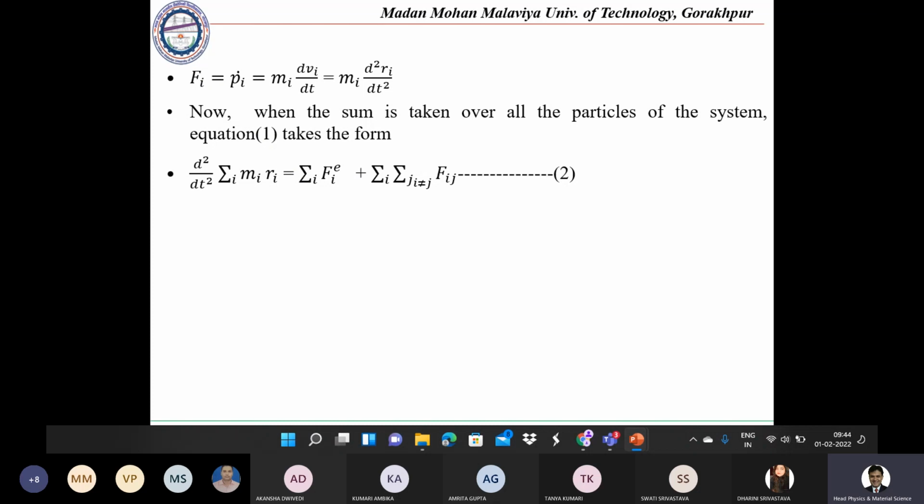I is not equal to j का मतलब ये हो गया कि i पार्टिकल नहीं होगा, क्योंकि वो स्वयं उस पार्टिकल को इंडिकेट करेगा. तो here we are taking this particular equation in elaborated form, which has been mentioned in the last slide initially.